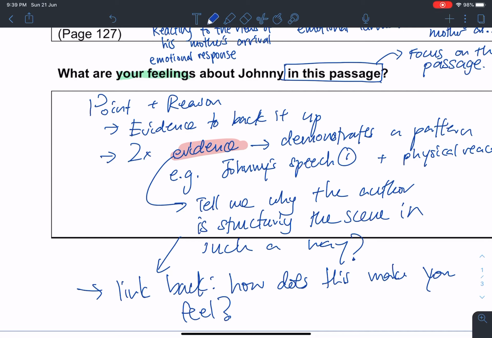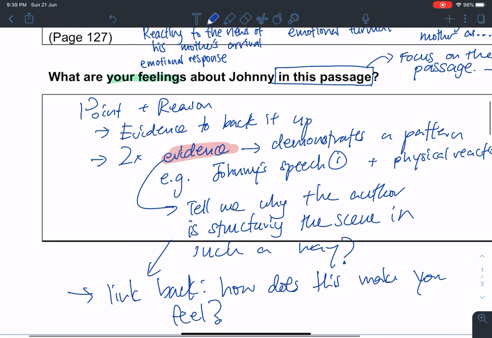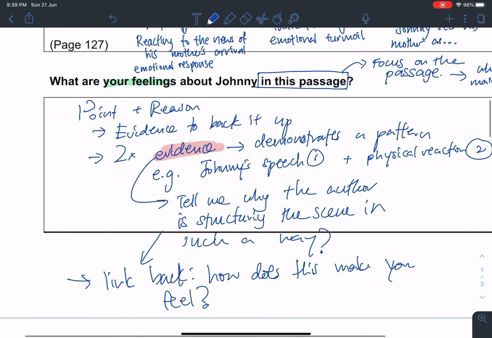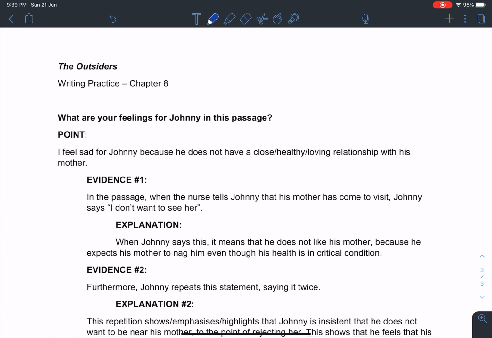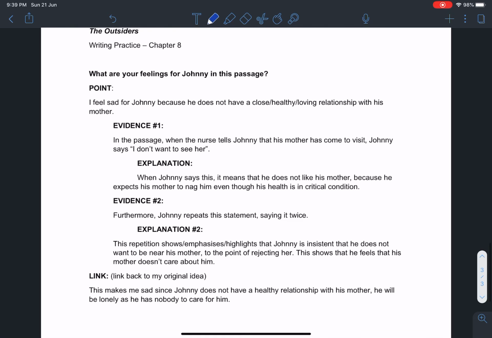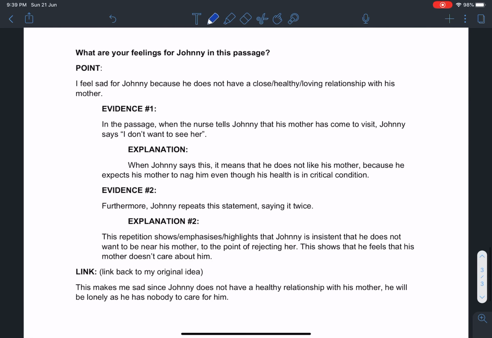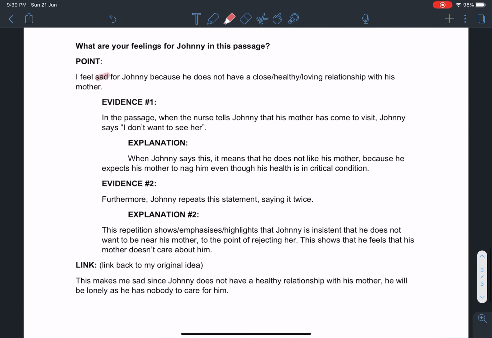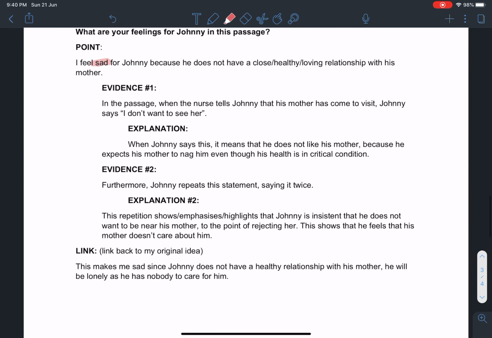Okay, so you can do it on a piece of foolscap paper. Let me show you a very simple example, not a fully developed one. If you look at the end of the worksheet, you will see this here, which is very simple. It shows you how it's done. I feel sad for Johnny because he does not have a good relationship with his mother, which is what we would assume, right?